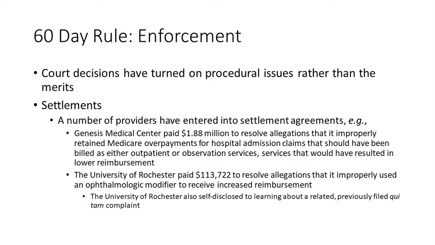University of Rochester allegedly used an ophthalmologic, easy for me to say, modifier to increase reimbursement, entered into a settlement agreement as well. Note, as we were talking about self-disclosure, University of Rochester had self-disclosed after learning about a related previously filed qui tam complaint, and that was taken into account.